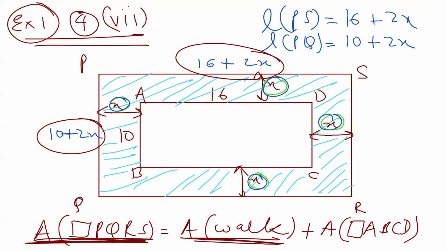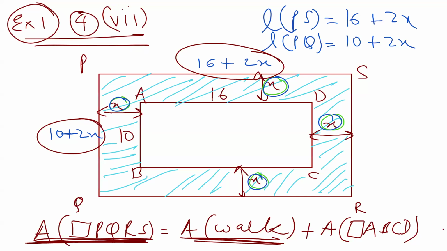What is the area of the walk given in the problem? If you're reading the question from the image which I've shared with you all, be quick, guys. 120 square meters. Correct. Area of the walk is 120.